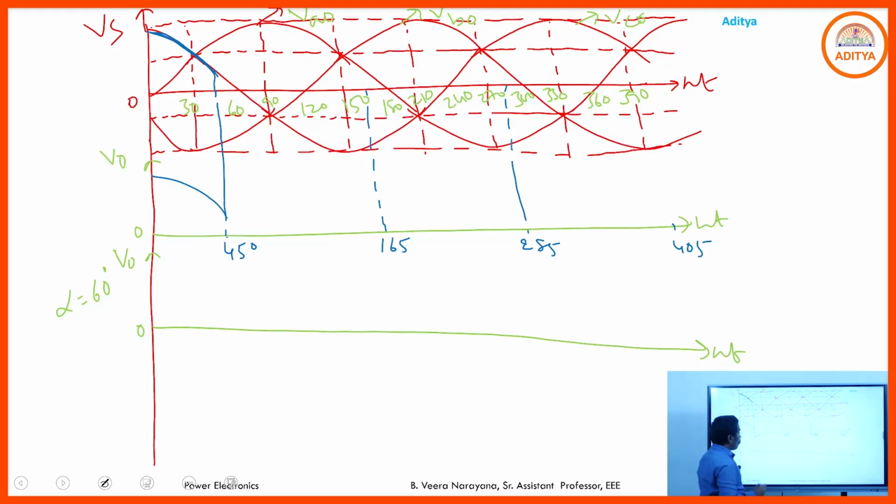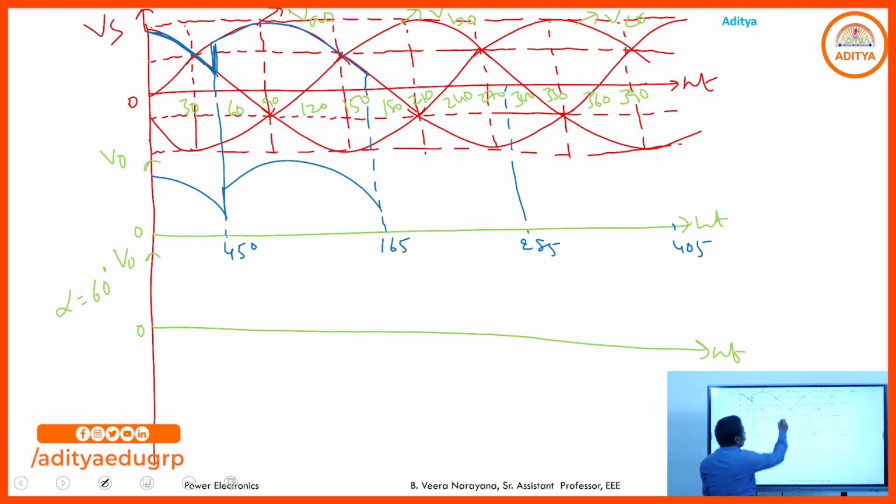From 45 to 165, T1 is in the on state. If T1 is in the on state, the output voltage follows Va naught. So where is Va naught? This one, 45 to 165 up to this. So what you are getting here is like this.